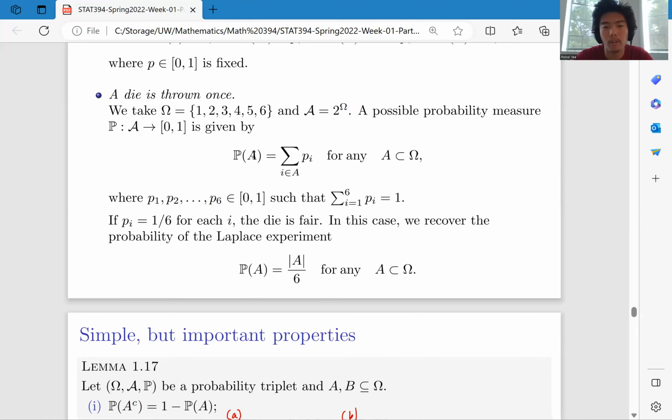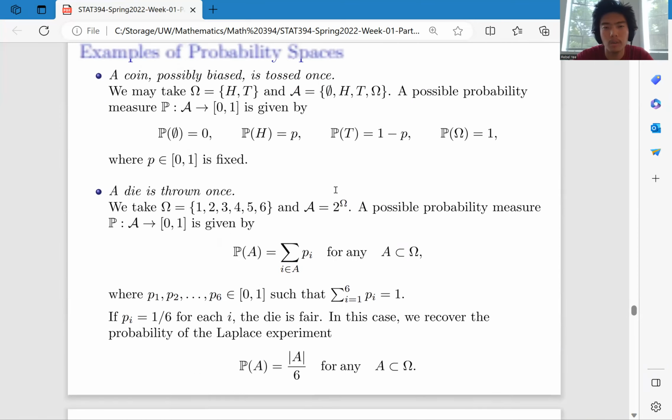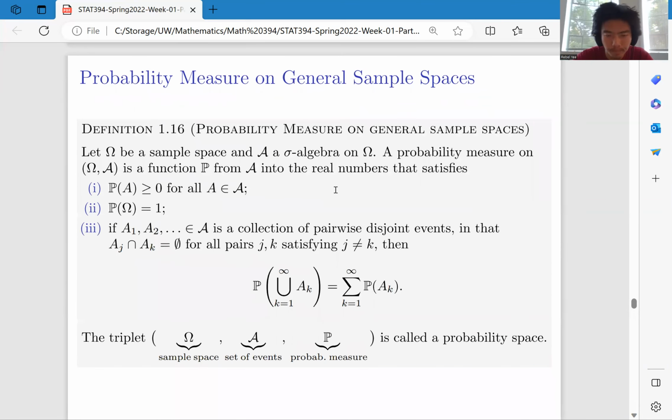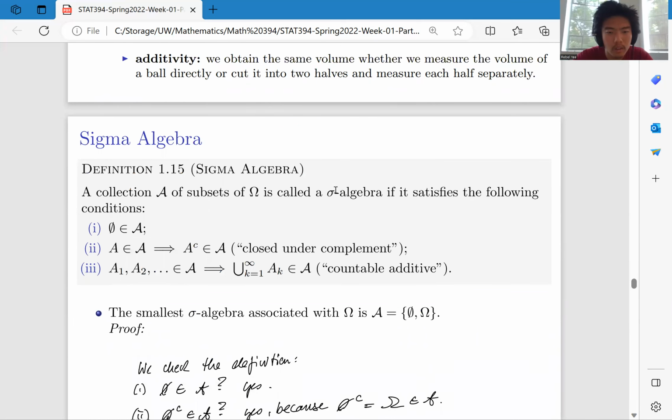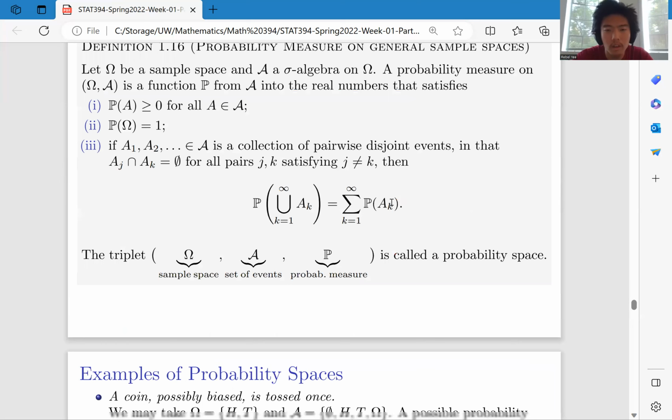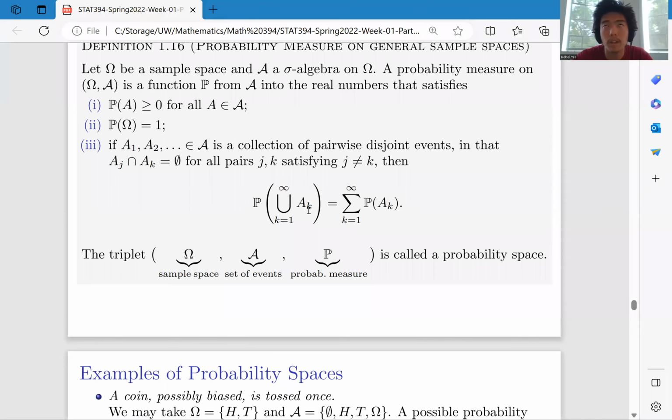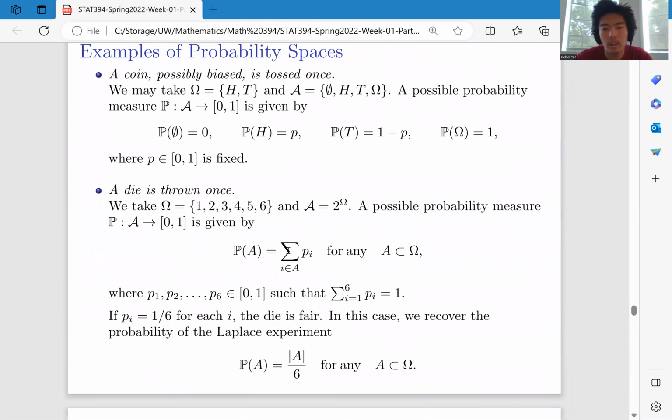And the probability of A is the sum of all the probabilities of Pi, which is a simple event that belongs to A, where i belongs to A. This is the same definition as here. So if the union of all the simple events is constructed to be A, we need to sum them up together, so we get this formula here.